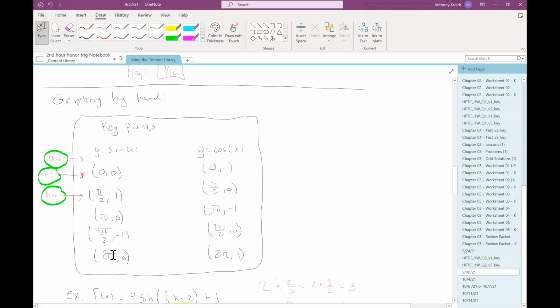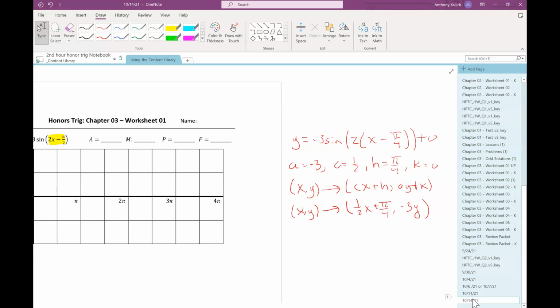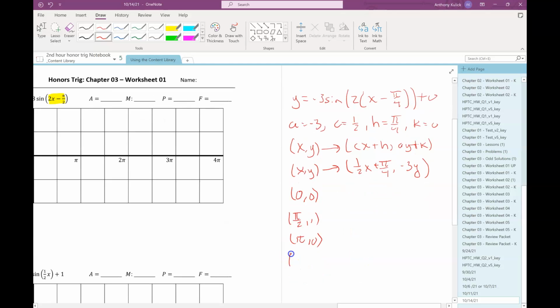That would be something that I'd give to you on a test. It would not be something I'd expect you to have memorized. I'm just letting you know where I'm pulling them from so you can go back to do the homework. Okay. So that's 0, 0, pi over 2, 1, pi 0, 3 pi over 2, -1, and then 2 pi 0.